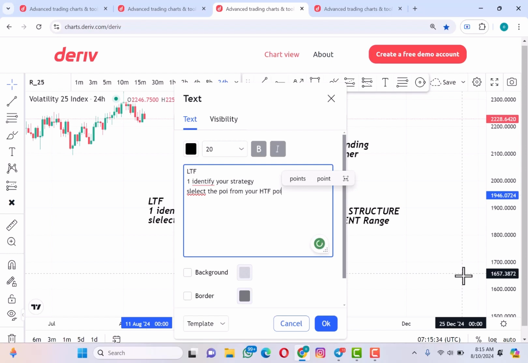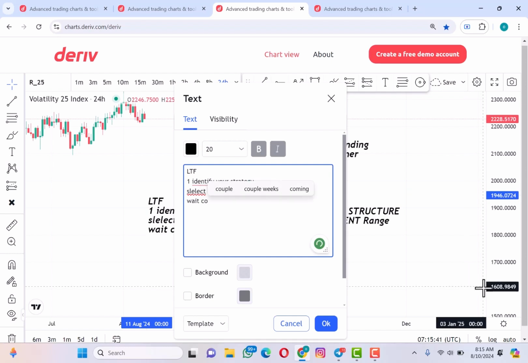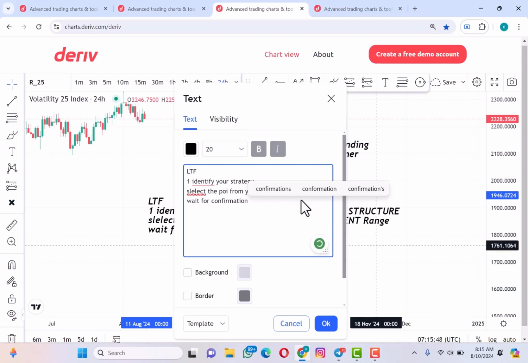Then number three, you wait for confirmation. Wait for confirmation. So then this is three.